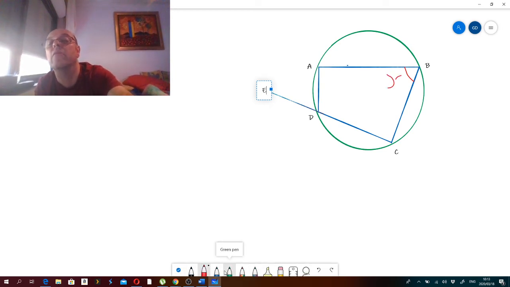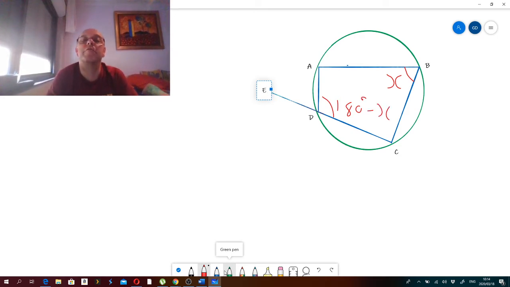So X. Alright, that means that this angle over here must be 180 minus X, and this is because we have the opposite angles of a cyclic quad which are supplementary. Okay, but because this CE is a straight line, it means that this angle over here must be X because it adds up to 180 because it's supplementary, and that means that we've just shown that the angle ADE must be equal to the angle ABC. So it's quite a simple little proof, that one, number 8.